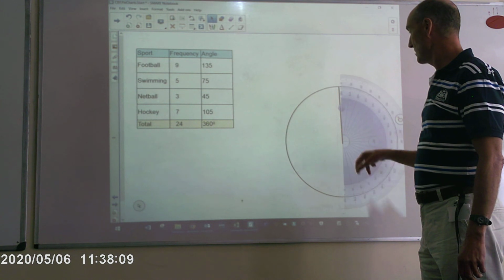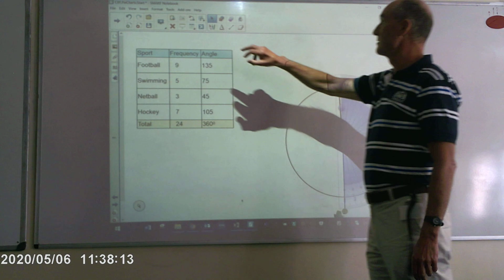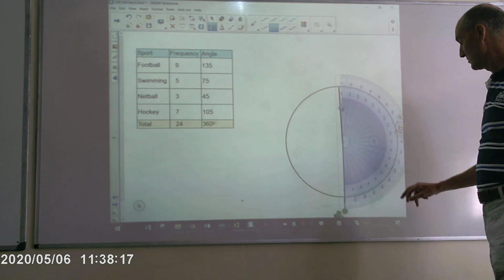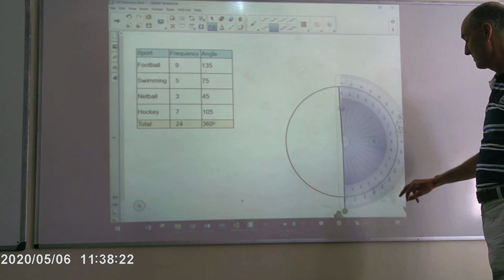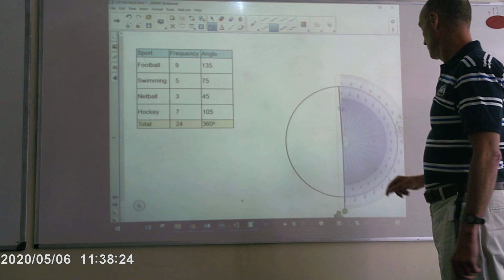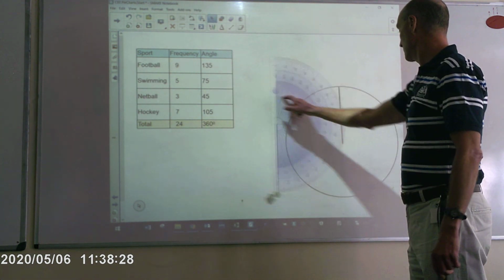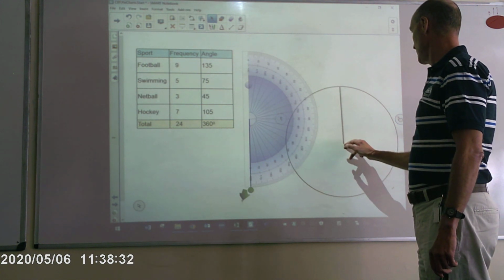So let's go back. We want to do 135 degrees to start with. So 135 degrees will take us around to here. Let's just move my protractor across there.